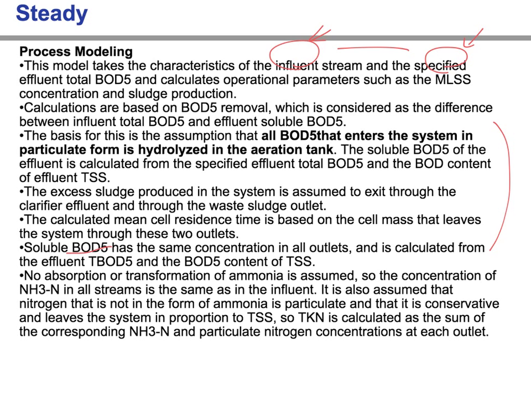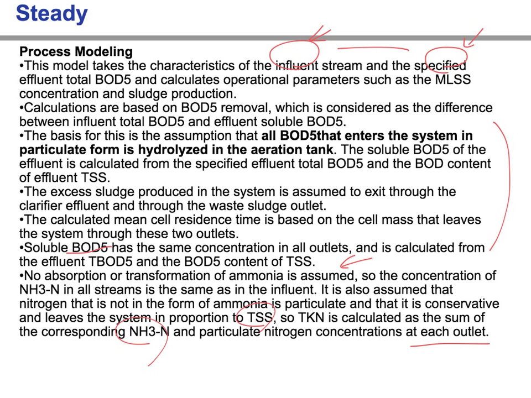It is also assumed that the nitrogen that is not in the form of ammonia is particulate and conservative, and leaves the system in proportion to TSS. So TKN is calculated as the sum of the ammonia nitrogen and the particulate nitrogen concentrations at each outlet.